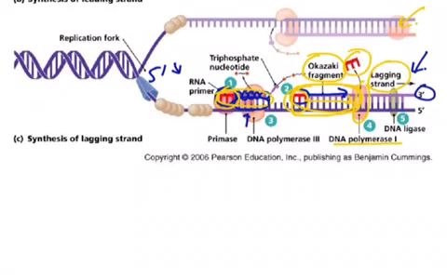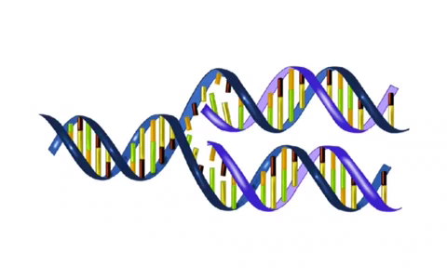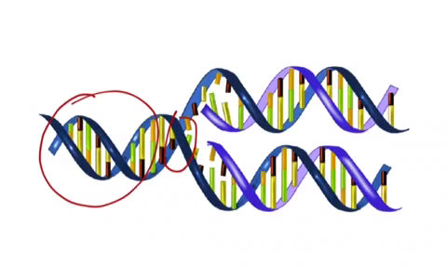Let's have a look at the result. So here's a diagram that gives us some sense of what the final result will be. Here's our original DNA molecule, split into two by the DNA helicase at this point, and what you end up with is two new DNA molecules, one here and one here.